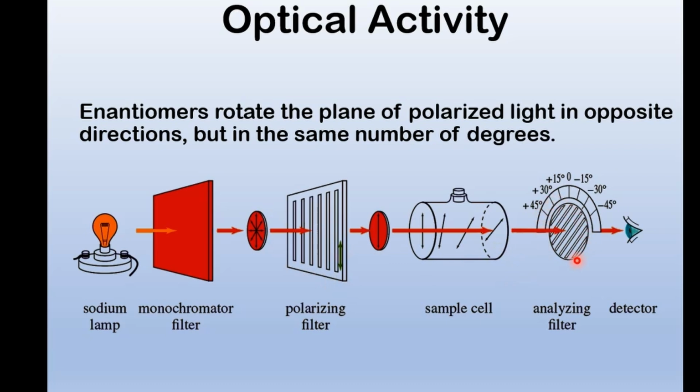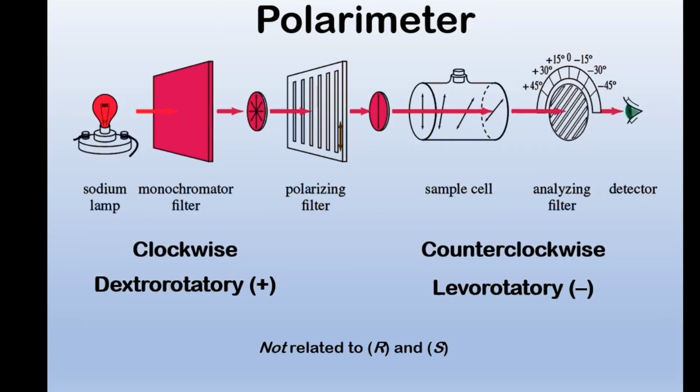We turn this thing around until it lights up. Because as this plane polarized light goes through the enantiomer, it gets rotated. We turn this analyzing filter and it tells us how much it gets rotated. We call this device a polarimeter.